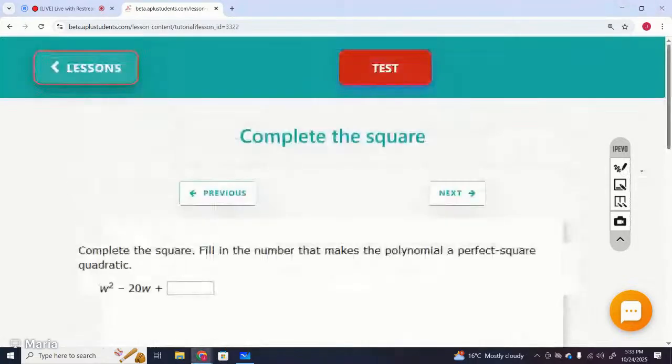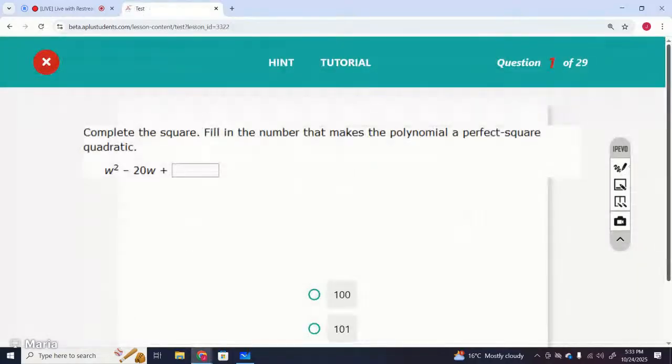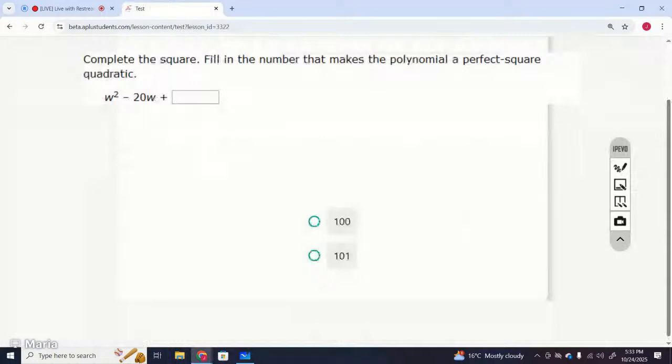Let's just start with the test questions. W square minus 20w plus. That is 100. Option number 1 is the correct option.